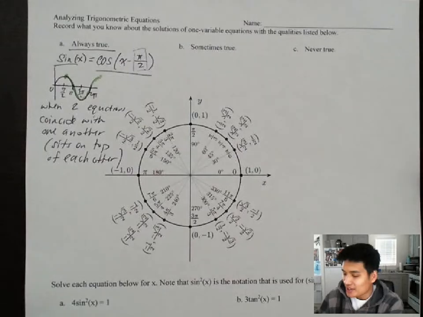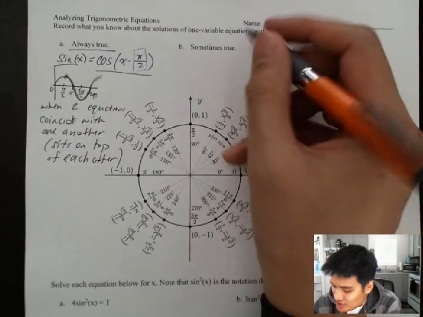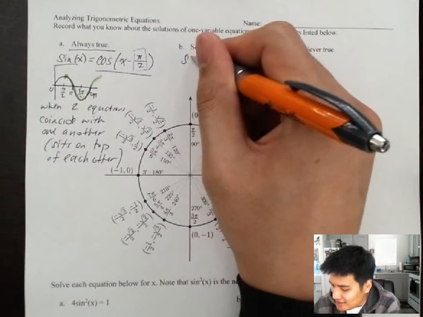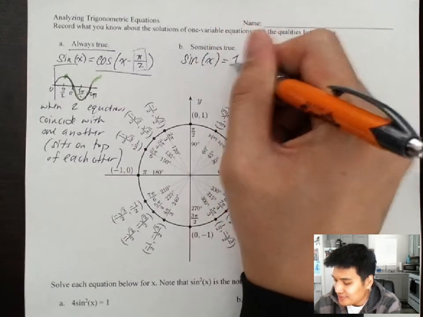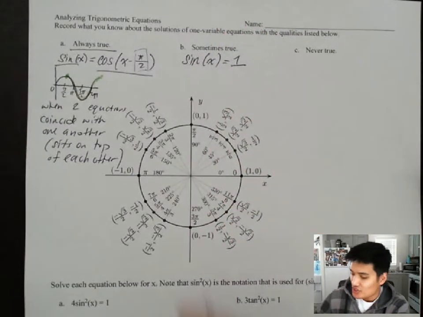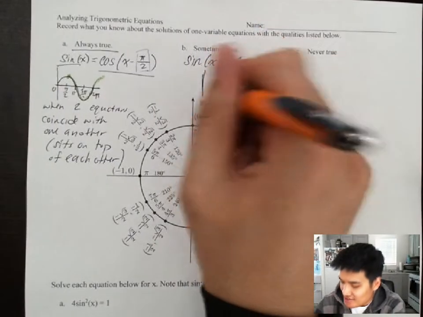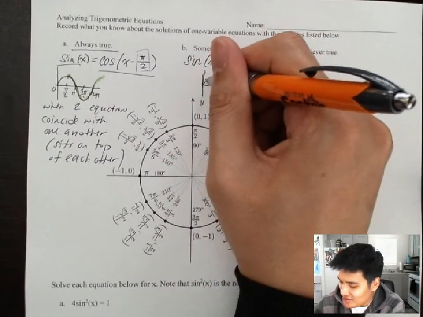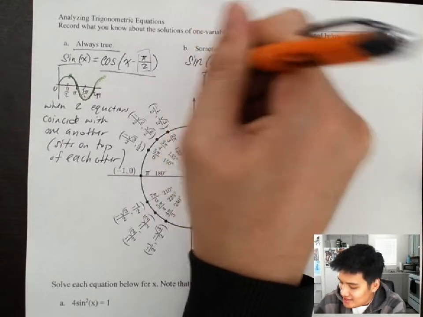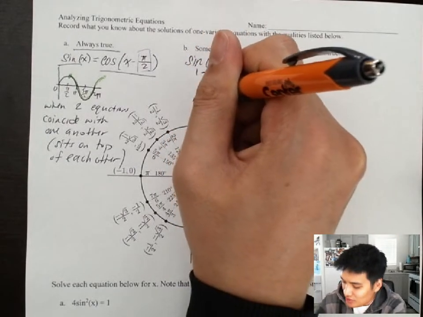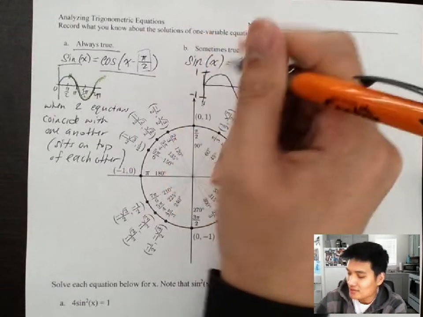Right? When it comes to sometimes true, so in this case, let's say I had sine x is equal to 1. Okay, so in this case, let me graph both sides again. So I'm going to graph sine x right here. Right? And remember, the base sine equation has a maximum of 1 and a minimum of negative 1.